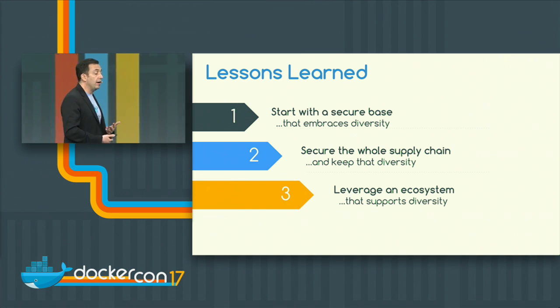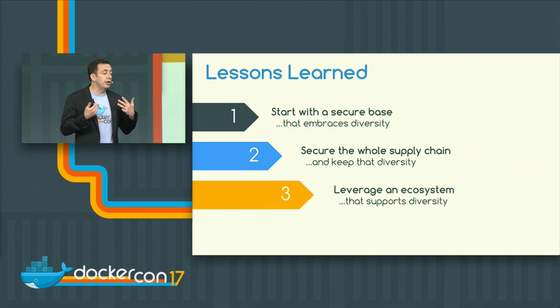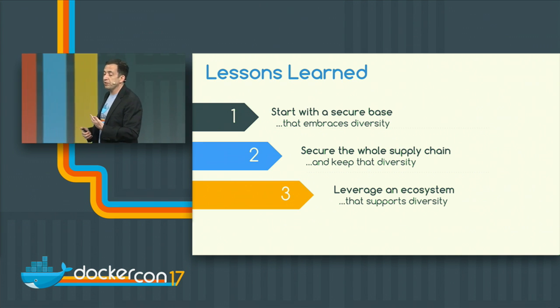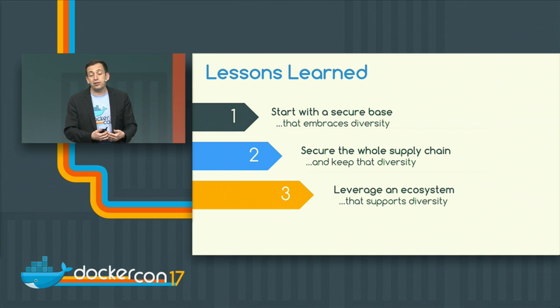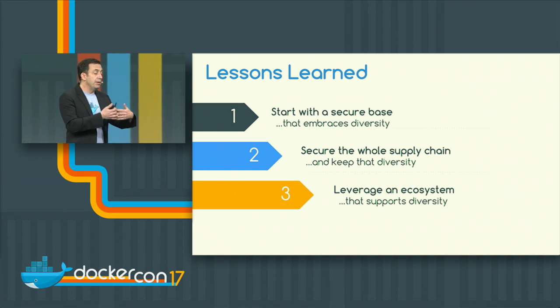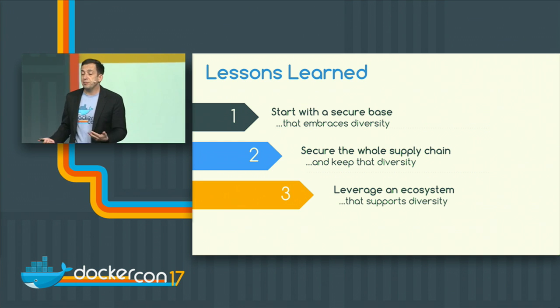And third, and perhaps one of the most important aspects, do that in a way that leverages the ecosystem. Yesterday I showed you a slide with some of the 400 companies that have built fantastic technologies around Docker, and that includes ISVs and people doing advanced work in networking, storage, security, monitoring, and management.